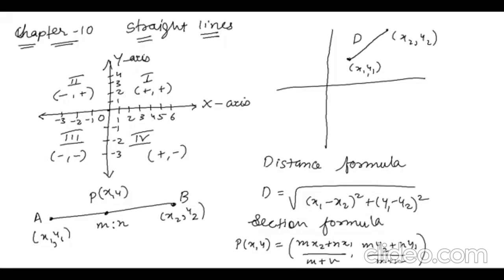After that, we will move on to the midpoint theorem or midpoint formula, which is a special case of the section formula. If you take this point exactly in the middle of line segment AB, then the ratio of division will become 1 is to 1. In that case, if you keep the values of m and n as 1, then you will have your midpoint formula. So I will just rub this.